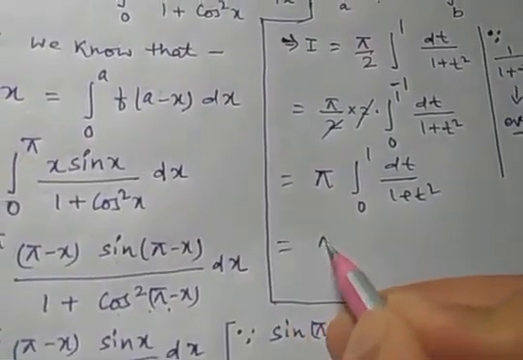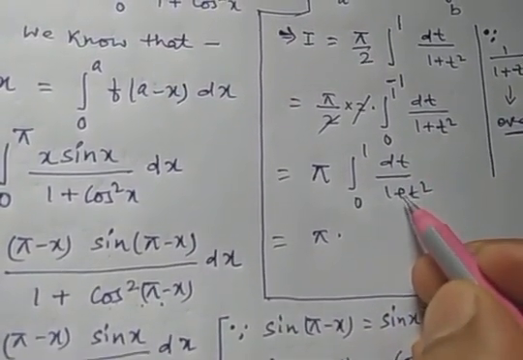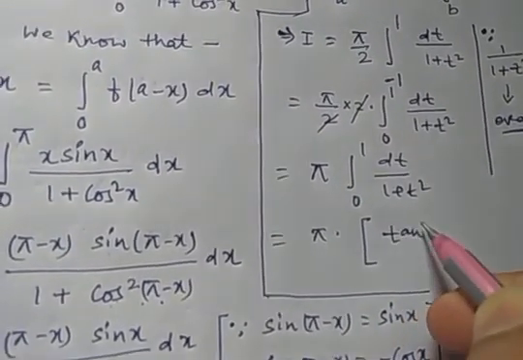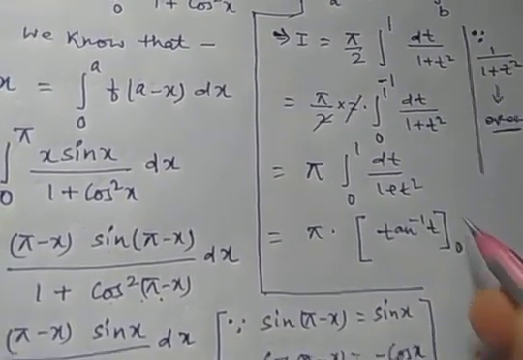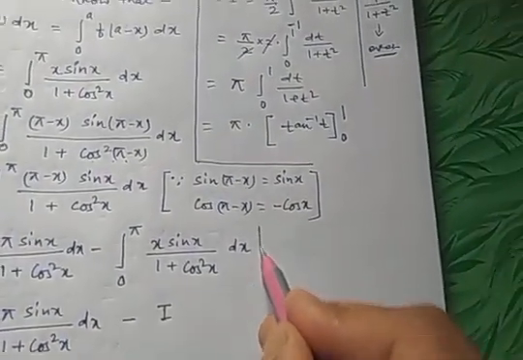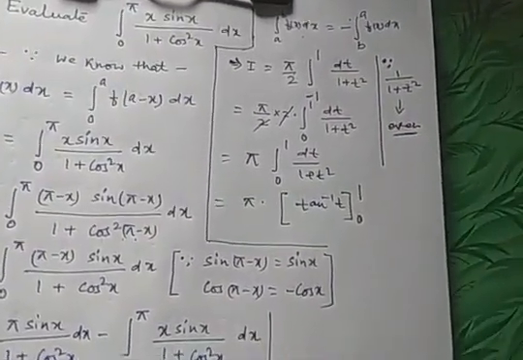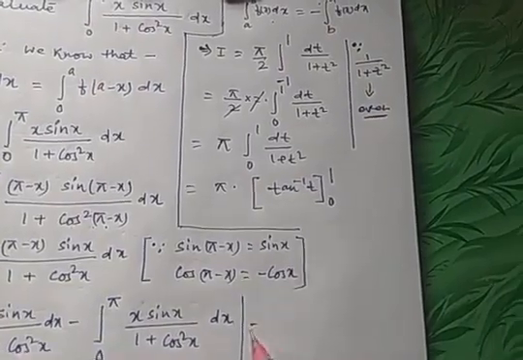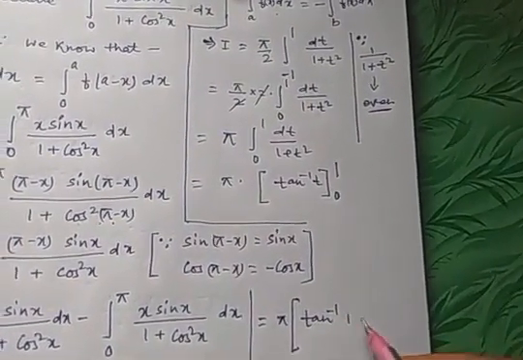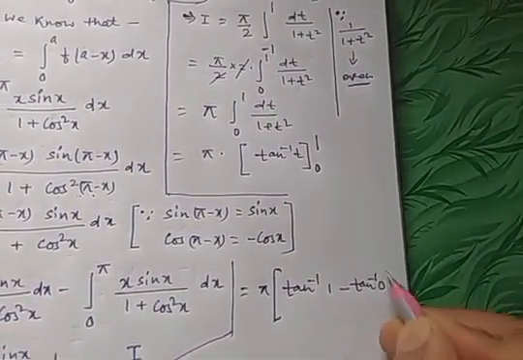Okay, equal to pi, we know that the integral of 1 upon 1 plus t square is equal to tan inverse t from 0 to 1. Okay, now equal to, here students, pi into tan inverse 1 minus tan inverse 0.